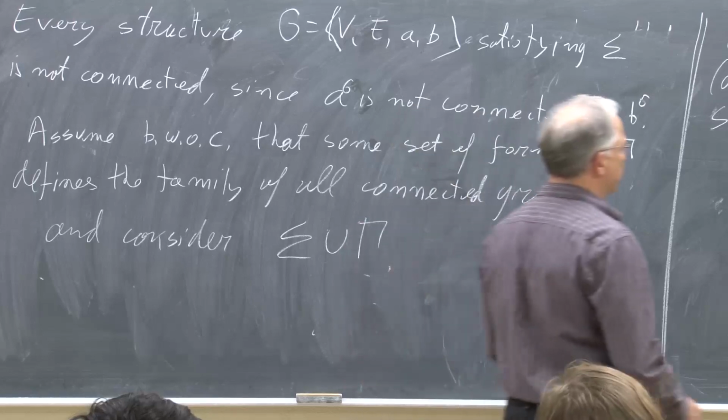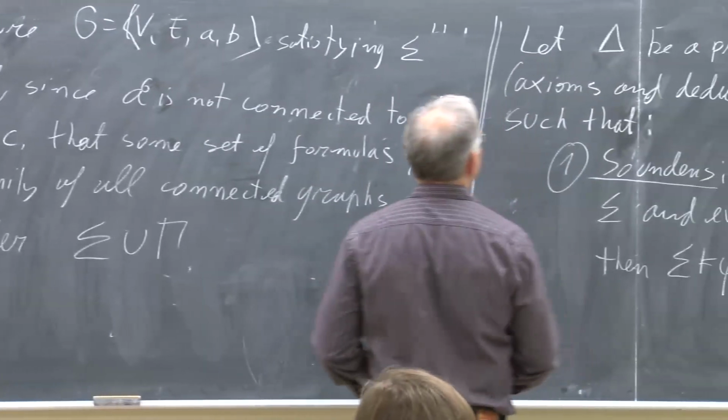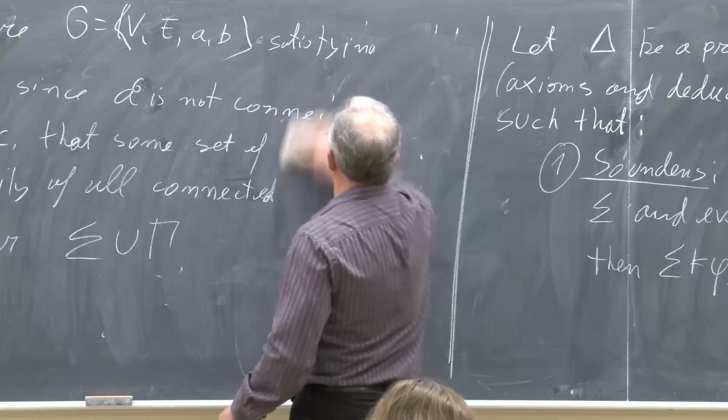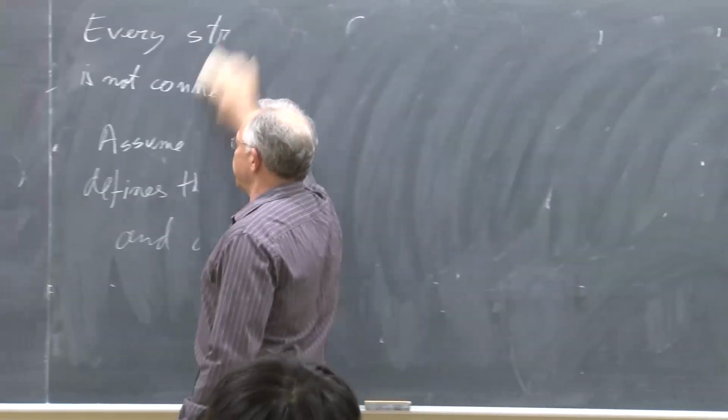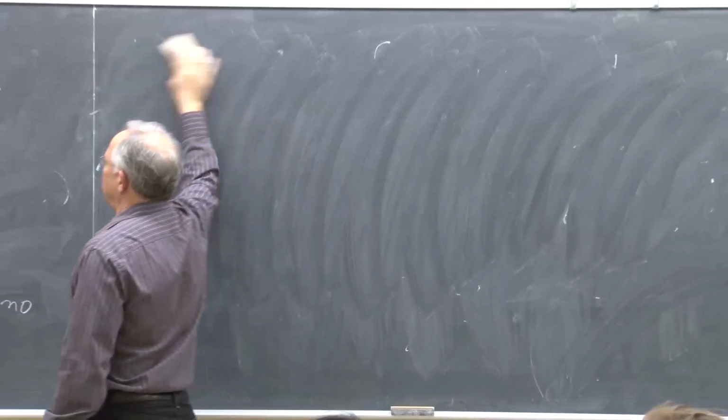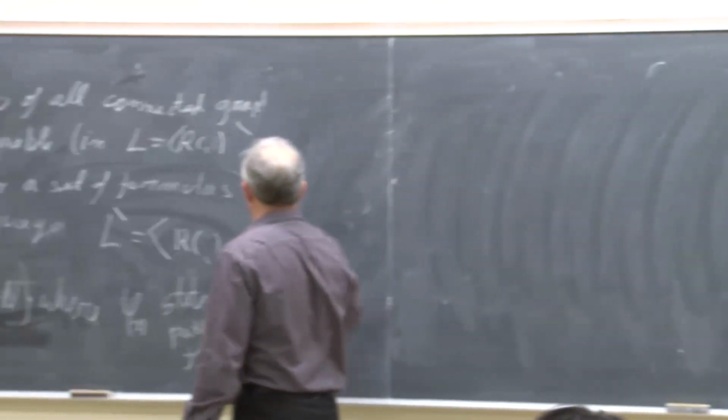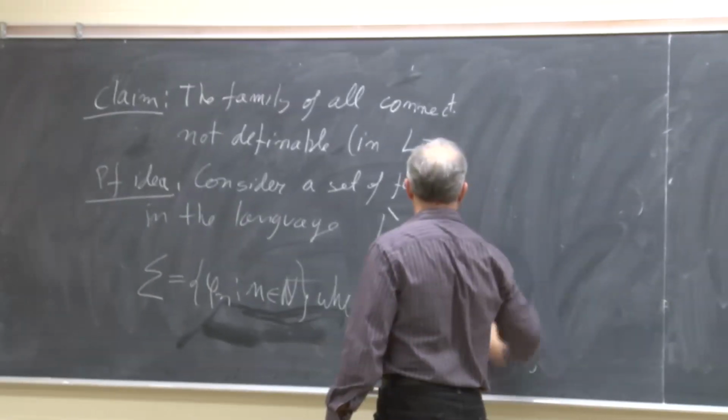So how does it follow? So I have a claim, so let delta be such a proof system. If such a proof system exists, then it implies the compactness theorem.